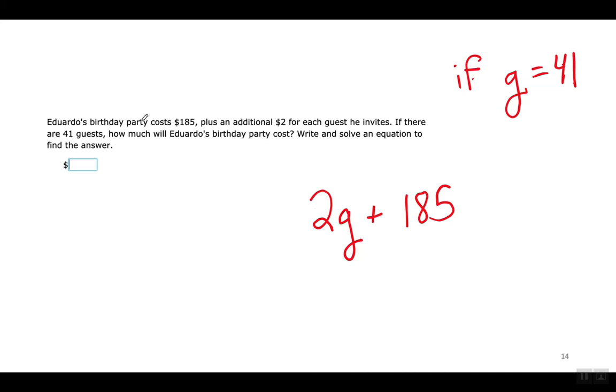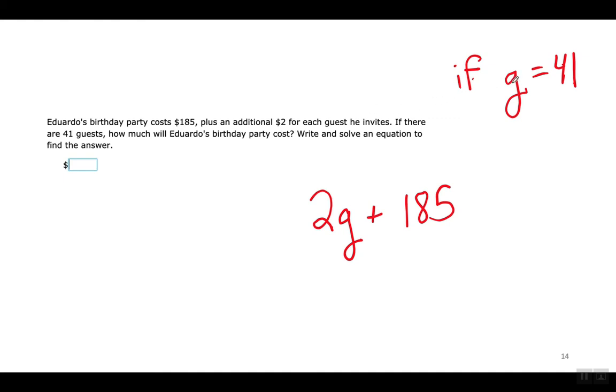Así que la fiesta de cumpleaños de Eduardo cuesta $185 más adicional $2 por cada invitado. Si hay 41 invitados, ¿cuánto cuesta la fiesta en total?